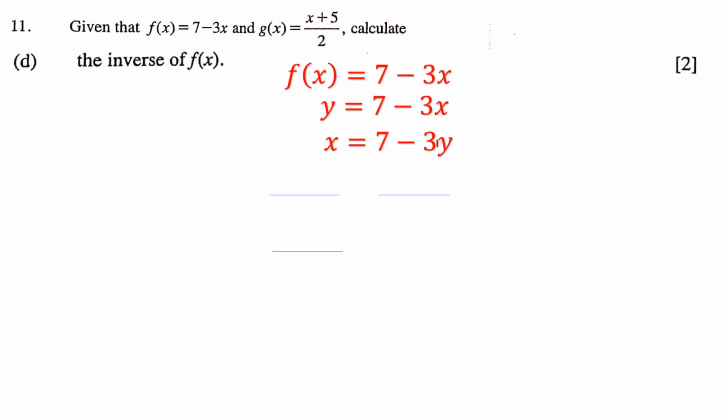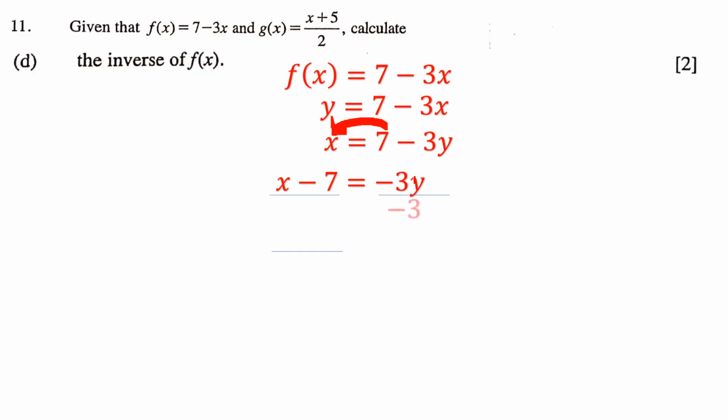Again, when you're trying to find the inverse, you set f of x equal to y, and then you swap x and y. And now we're going to solve for y. How are we going to solve for y? Well, we're going to send the 7 over the equal sign. It was positive 7, it becomes negative 7. And so we have negative 3y.